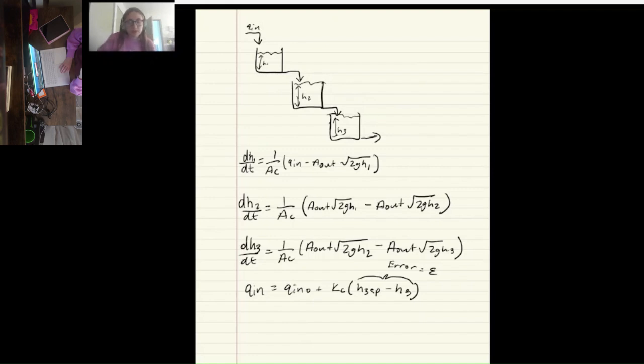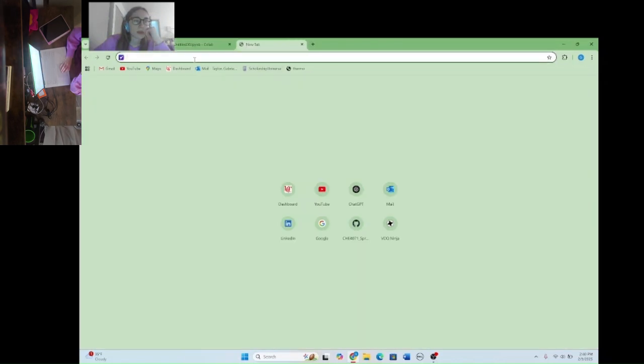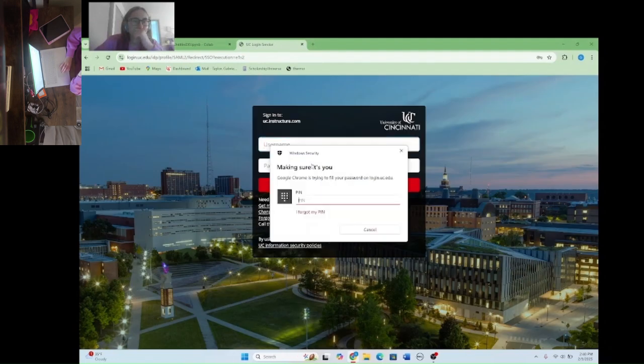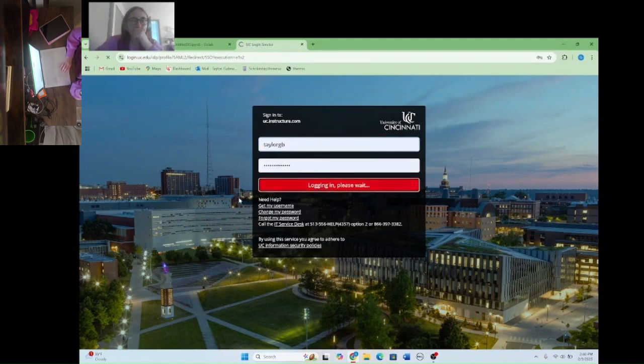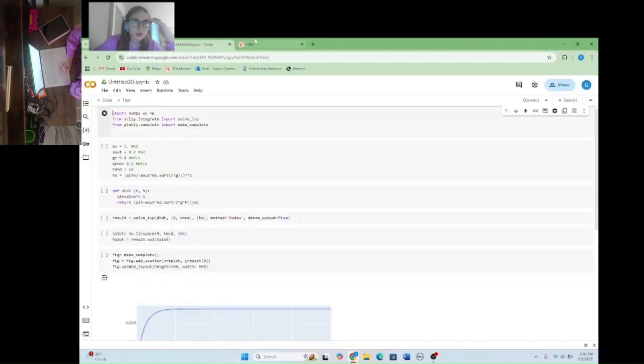So let's code this. We have our A, C, out, we have our Q in naught, and let's pull up the homework. It says that we want our Q in naught to be 0.1 meters cubed per second. We have that here.